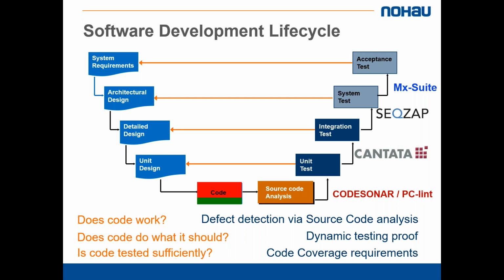And that's what we call the code coverage measurement. So have we tested all paths through our code or have we not? Cantata will document that and give you a report on that. So we will show you exactly how that's done a little bit later on.